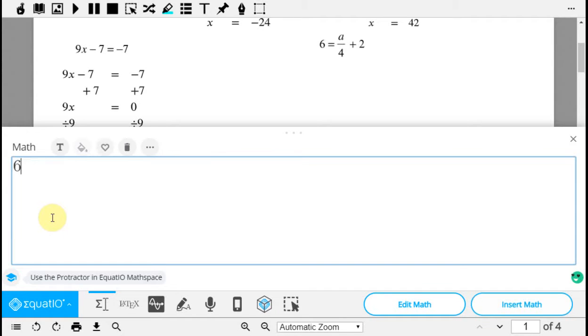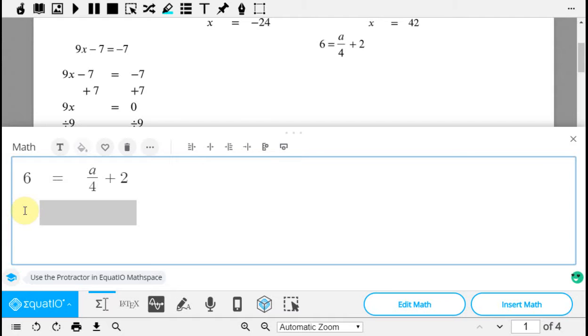Six equals, or just 6, press enter. Six is equal to a divided by 4 plus 2.